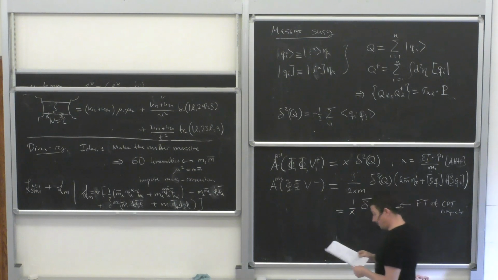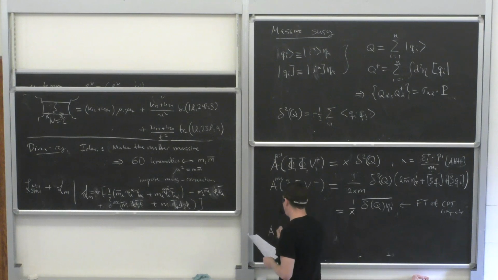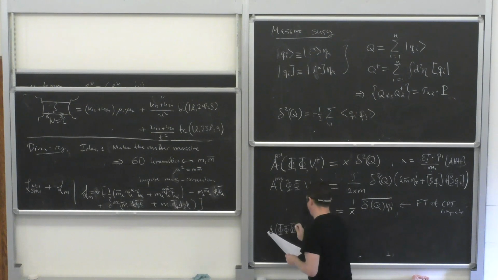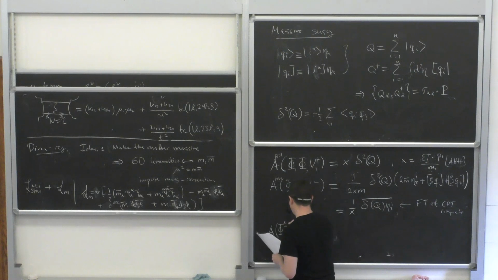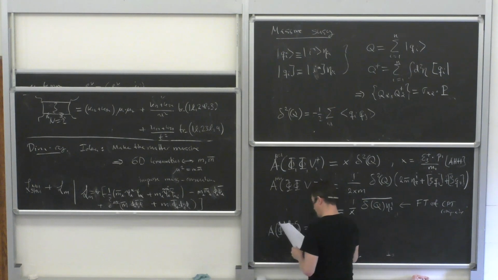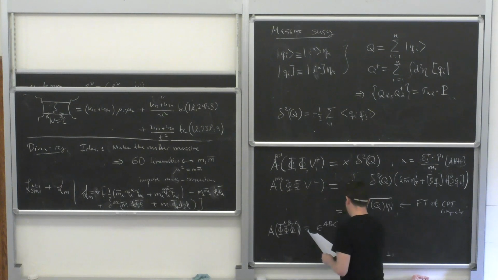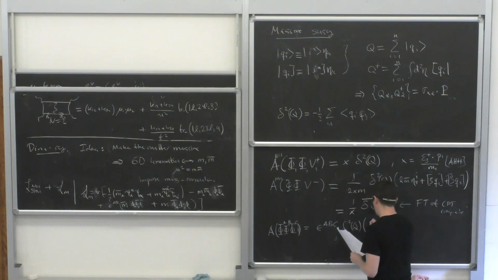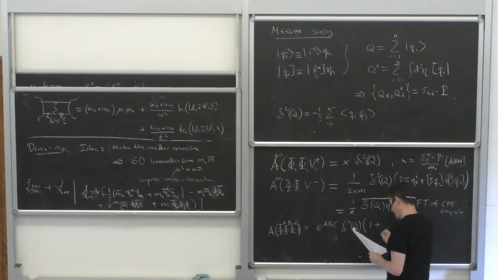Okay, lastly, let me write down what if I have 3 chiral multiplets. Now, strictly speaking, I should put in my flavor index also, AB, ABC. So there's an epsilon ABC, delta to Q. There's a 1. The first term is 1.